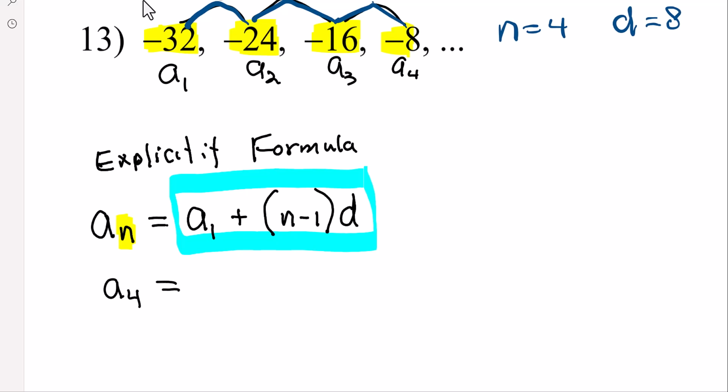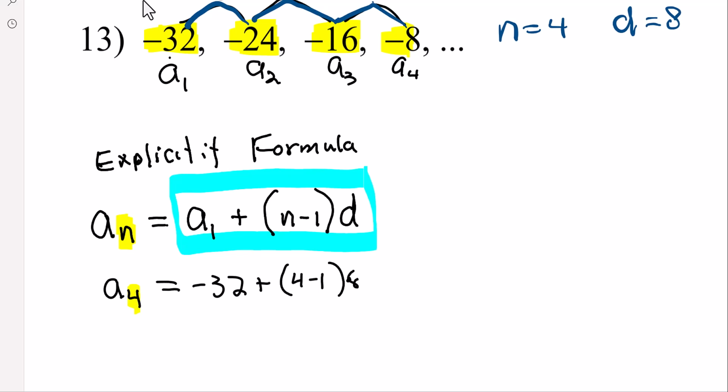So the formula says we first start with a sub 1, which is the first term. Then we're going to add the number of terms, subtract 1. Well, this is the number of terms we're talking about. So 4 subtract 1, it's going to be 3. And we already found the common difference.